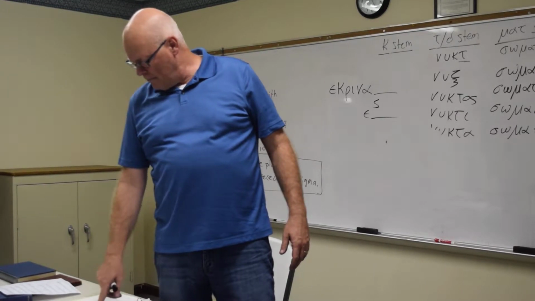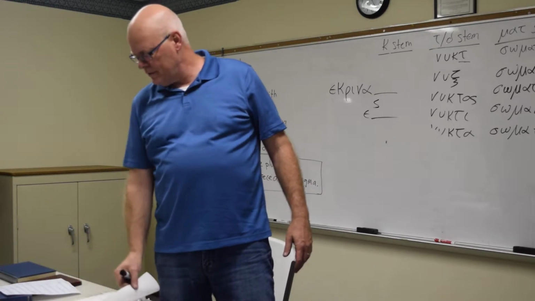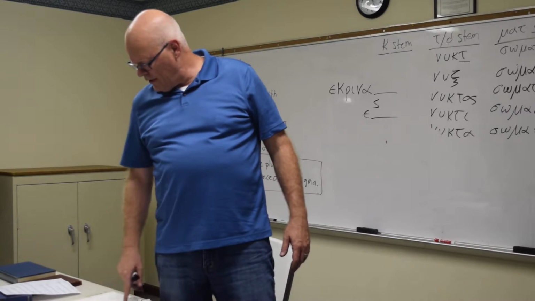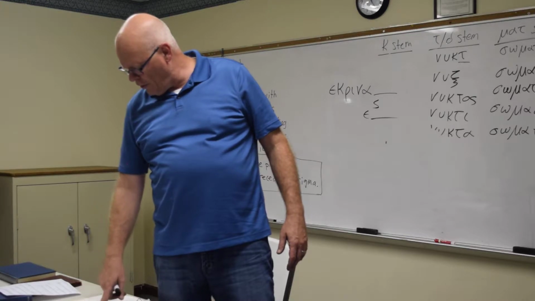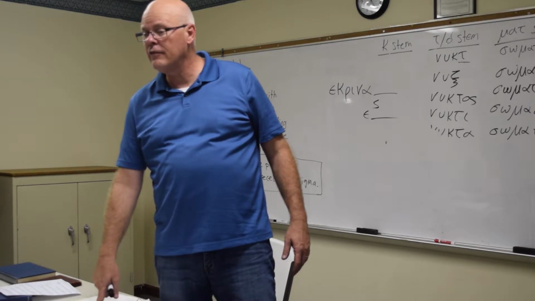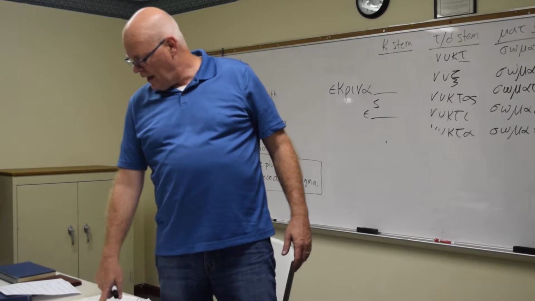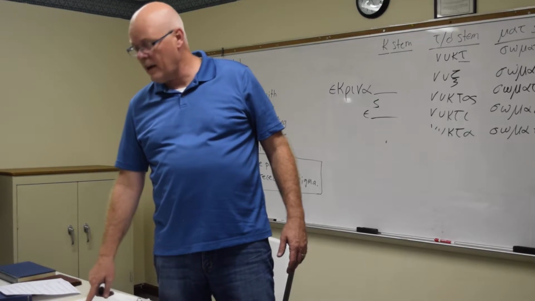Also, you see this little insert, the 131? That's a helpful little thing there. If you start on the 3rd paragraph from the top, it gives you some general rules for distinguishing between the nominative subject and the predicate nominative.